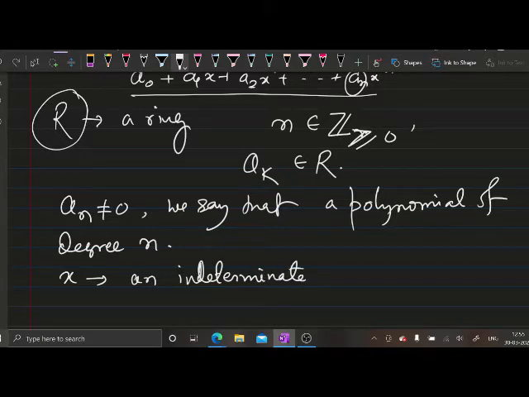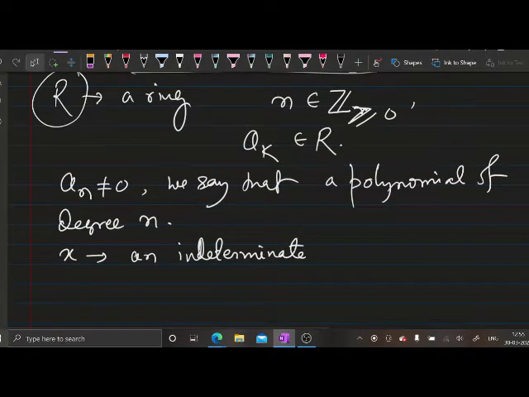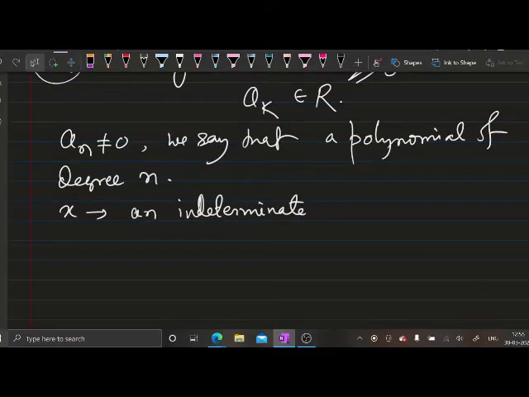We do not know what it is. We say that this x is actually an indeterminate. Don't treat this as a variable. This is not a variable, this is an indeterminate. It is an unknown object.